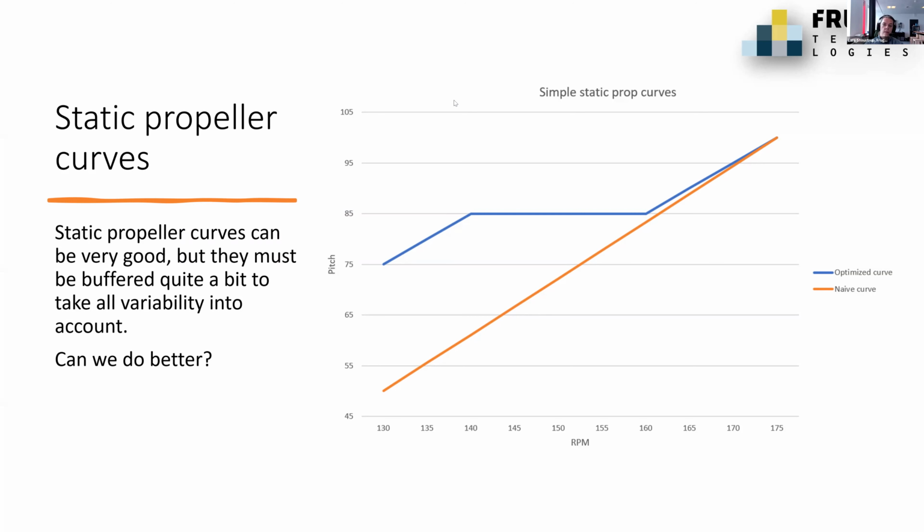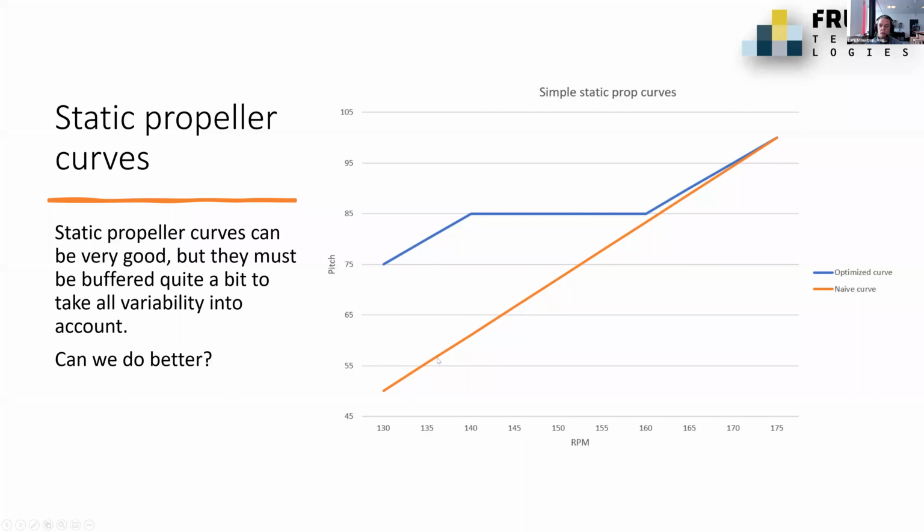And these curves I'm showing here are just a couple of more or less real world examples, where one is simply a naive curve, the orange one here, that in some instances they're just plotted like a straight line, so you haven't really taken much of the propeller or engine efficiency into account. You just plot a straight line and that's your propeller curve.